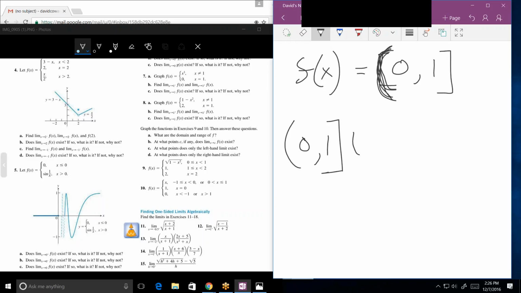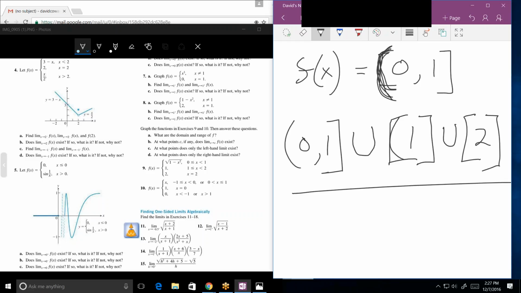So 1 in combination with 2. Those are the possible f of x's that you would get no matter what you plug in for the allowable domain. You can't get anything but this. You can get all numbers between 0 and 1.